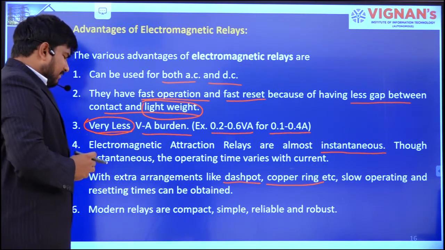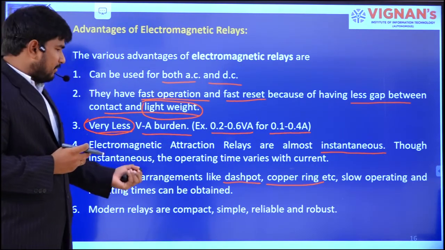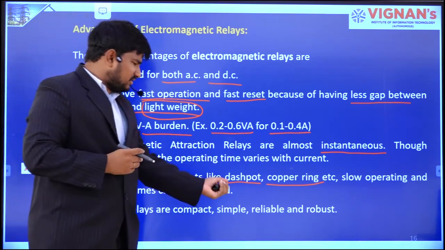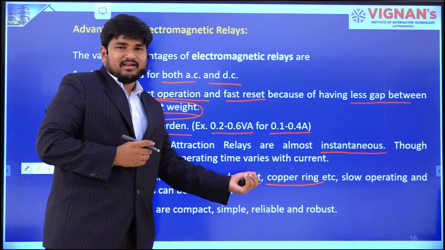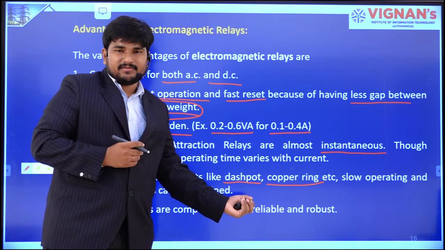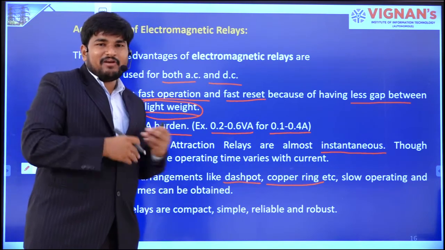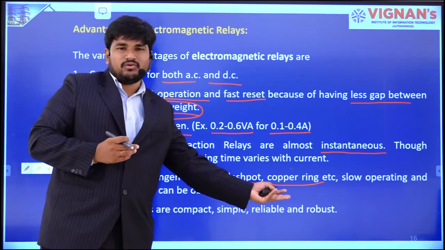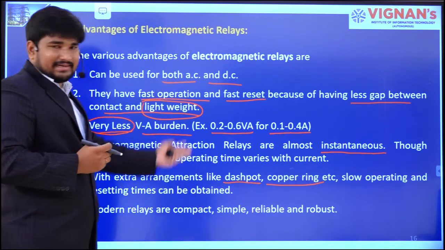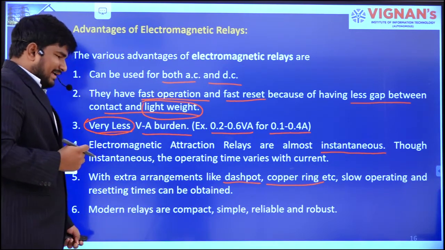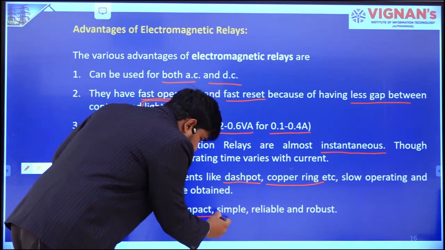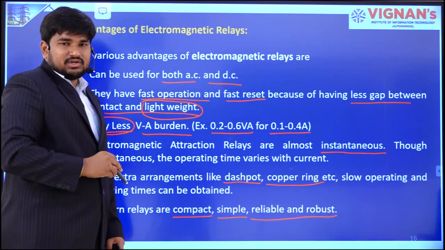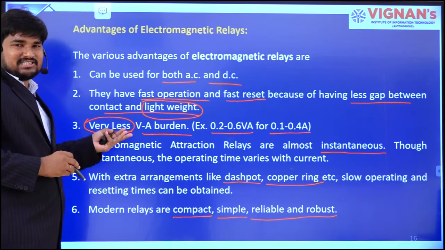We can achieve some delay by using an oil dashpot and copper ring, right? Because the oil has some viscosity, some time delay will be provided. So these are the methods to provide time delay for electromagnetic relays. And the last advantage is that it is very compact in size, simple in operation, reliable and robust. So these are the advantages of electromagnetic attraction type relays.